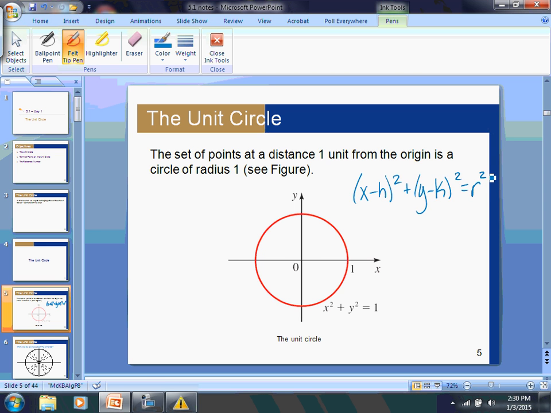But here, our center is 0, 0, so that h value and that k value are going to be zeros. So x minus 0 is just x, and y minus 0 is just y. And then our radius is 1, and 1 squared is 1. So we're substituting a radius of 1 and then the center of 0, 0 into that equation. And that's how you get this equation listed by the picture.